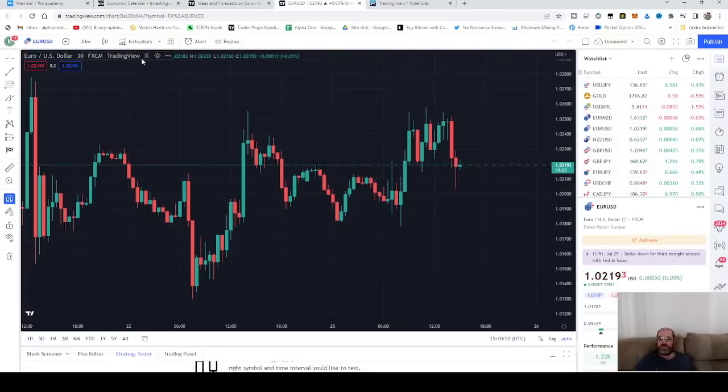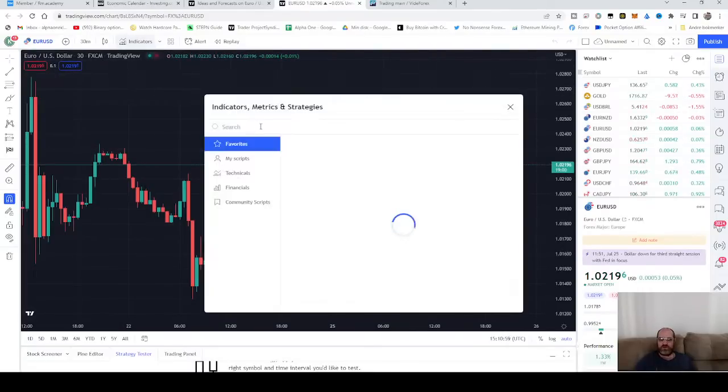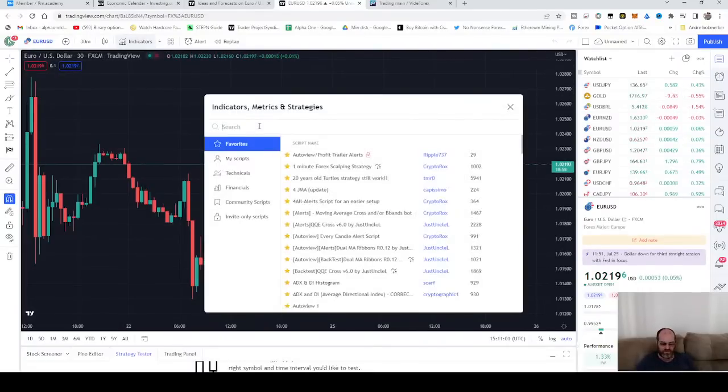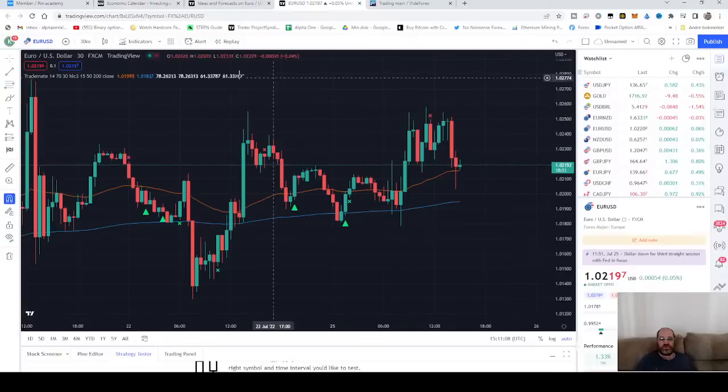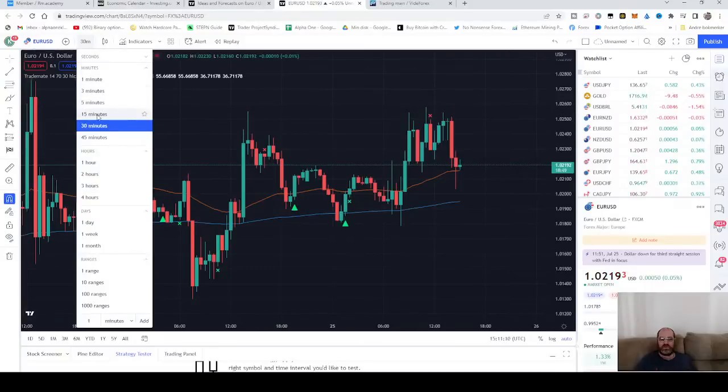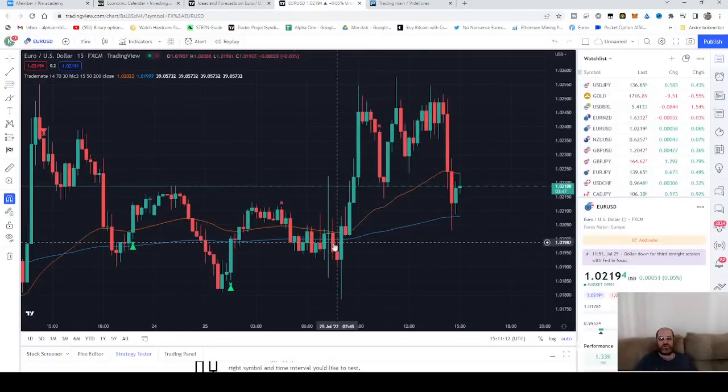So let's put that back on the chart. I lost it here now. Let's write TradeMate. You just write this, and you add it to the chart, and that is on 15 minutes. This works the best, I have figured out.